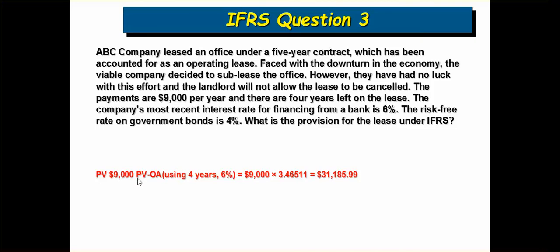The present value of an ordinary annuity, right, which would be using table 6-4 with 4 years and 6%. We're going to use this higher interest rate, which is going to be more conservative. And we get 9,000 times, using table 6-4, 3.46511. So the provision for this lease would be 31,185.